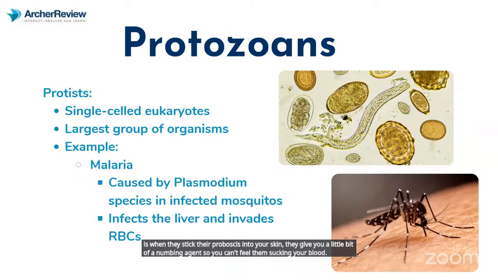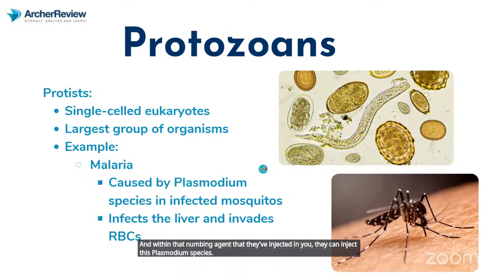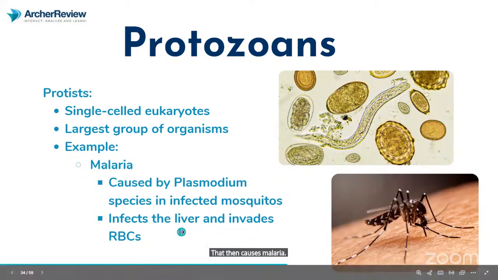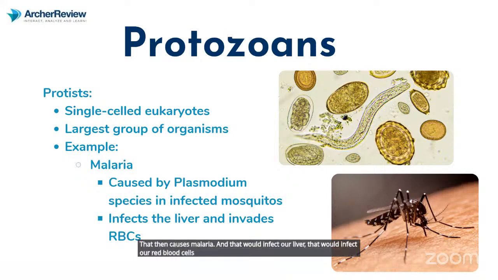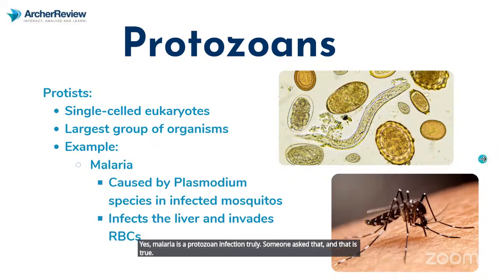And within that numbing agent that they've injected in you, they can inject this Plasmodium species that then causes malaria. And that would infect our liver, that would infect our red blood cells, and obviously we know that is a very debilitating, can be deadly disease. Yes, malaria is a protozoan infection, truly. Someone asked that, and that is true.